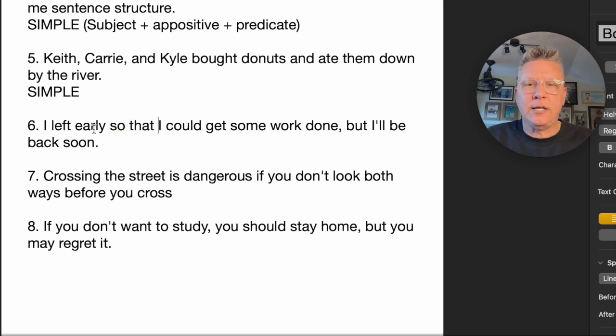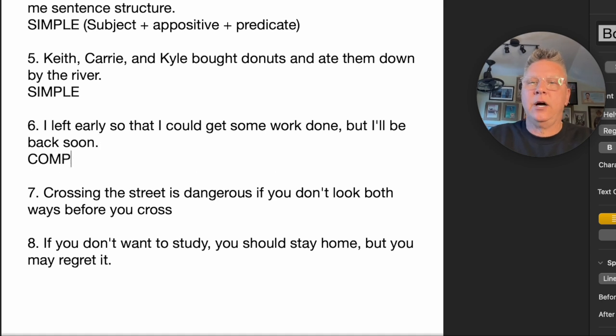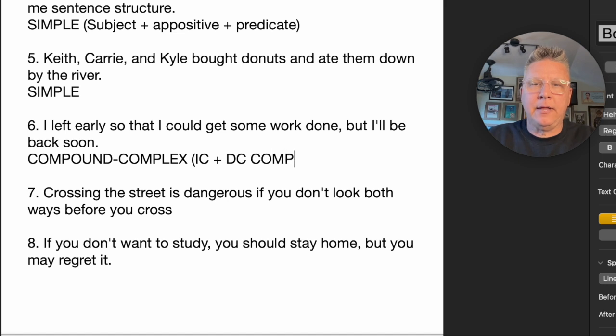So you have an independent clause plus a dependent clause, which is a complex, plus your simple sentence, which is an independent clause, and that makes this a compound complex.